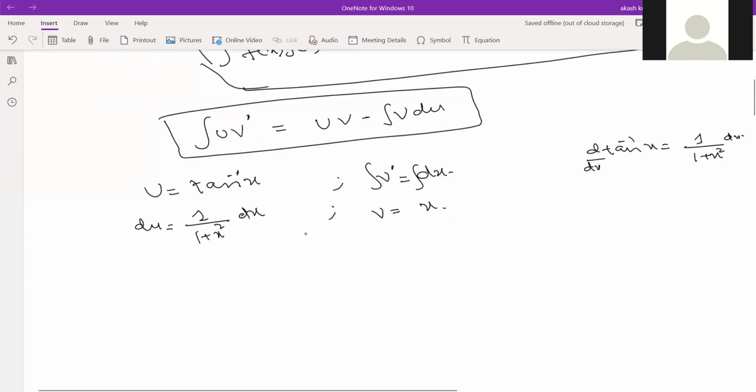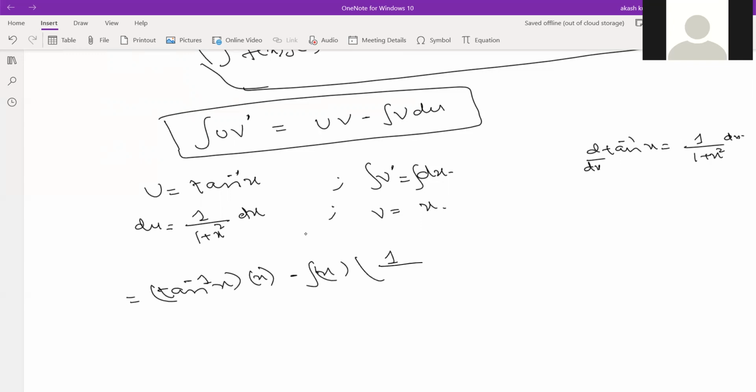Now substituting in the formula, it will be uv, where u is tan inverse x and v is x, minus the integral of v, which is x, times du, which is 1 over 1 plus x square dx. Is it clear? Yes.